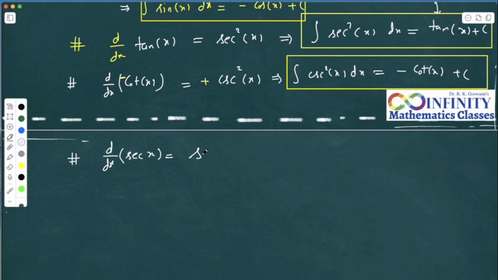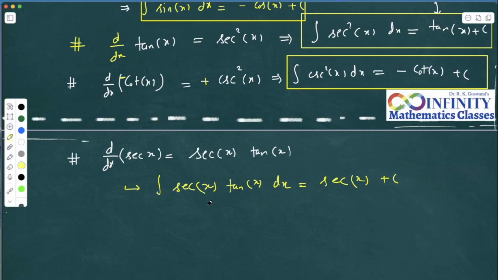It is going to be secant x tangent x. Yeah. So the antiderivative says the integration of secant x tan x dx is going to be how much? It is secant x only.